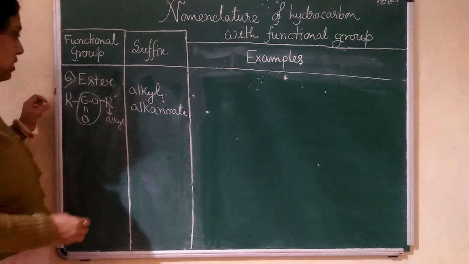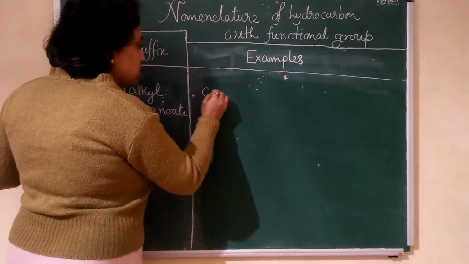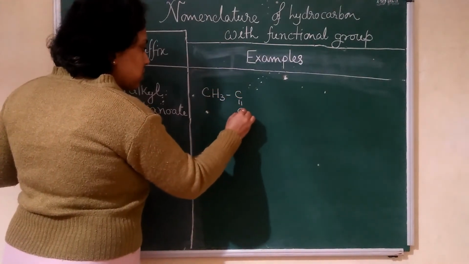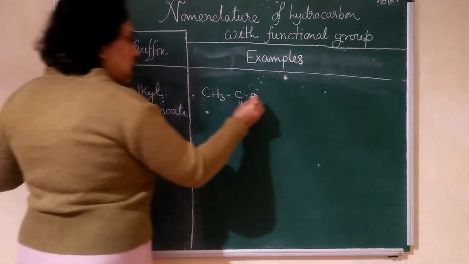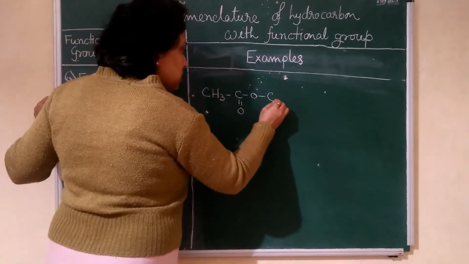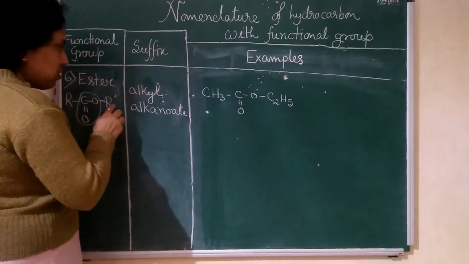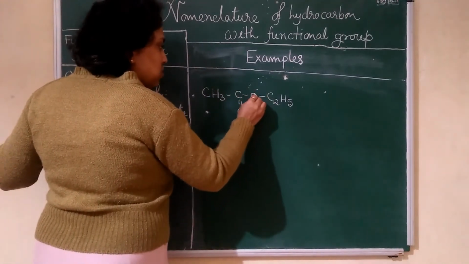So take one example. This side CH3, this side C2H5. CH3 with C double bond O is the functional group, and this side R is different, so I am writing C2H5. This C and this C are separated by this oxygen.